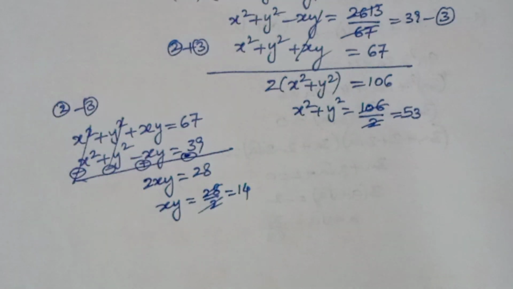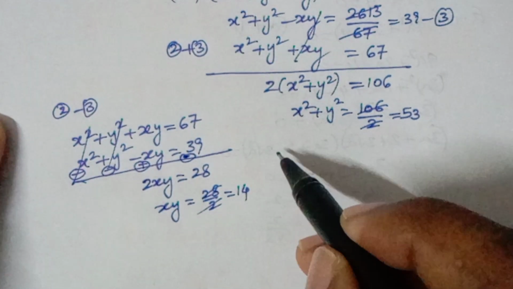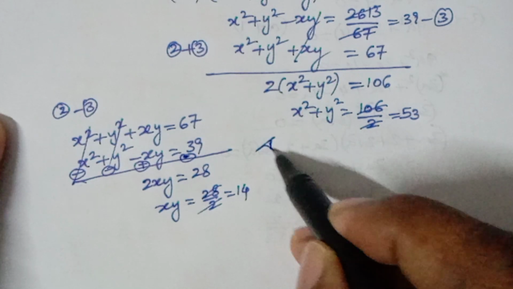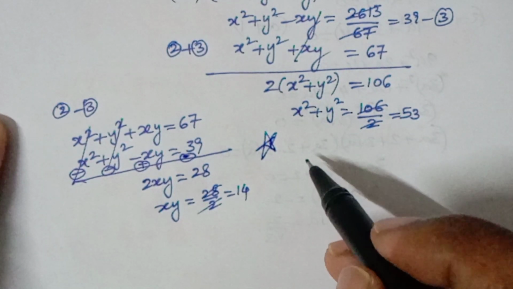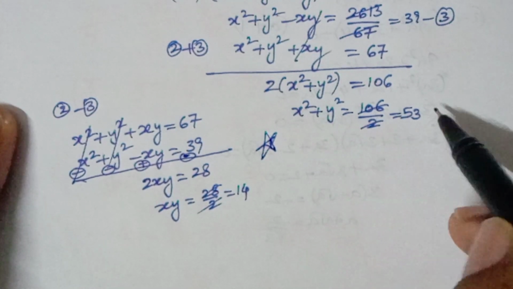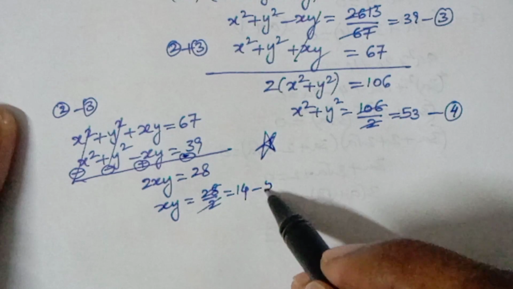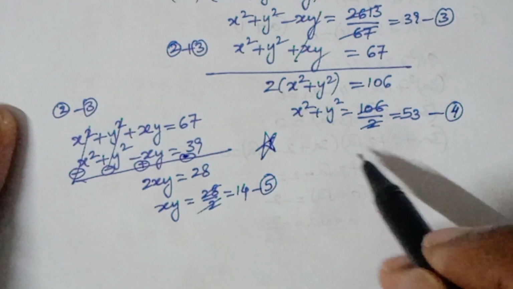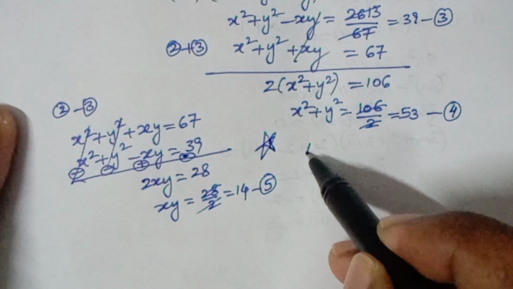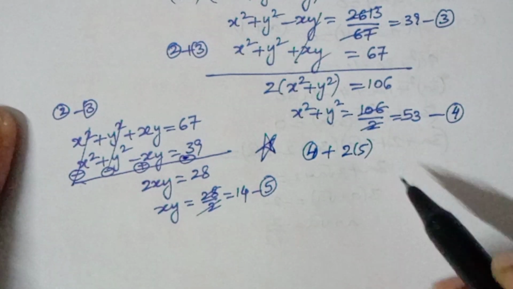So here we got both values, the x^2 + y^2 value and the xy value. This is the main step. Let this be 4 and this be 5.